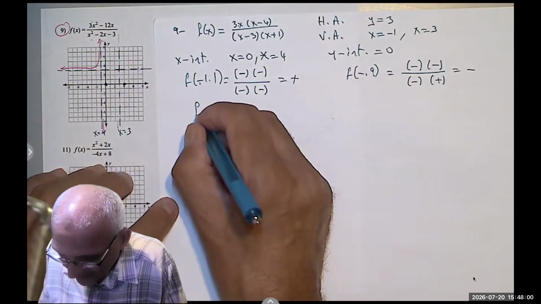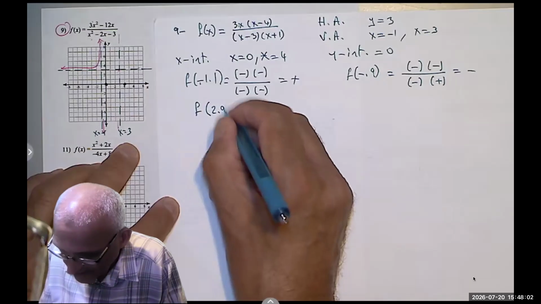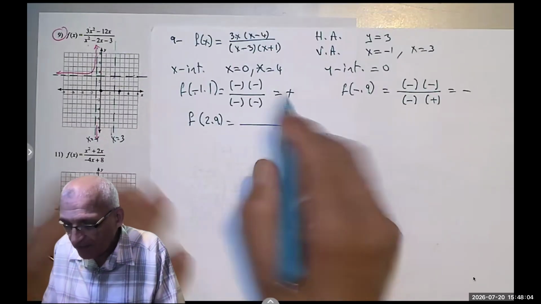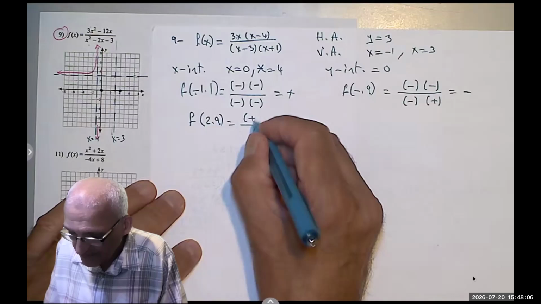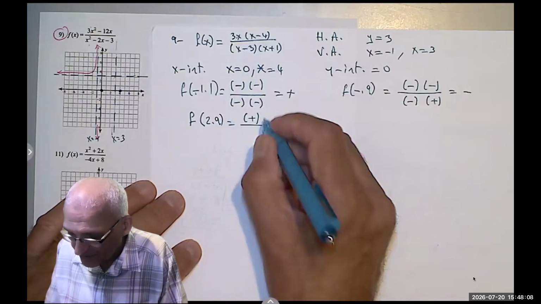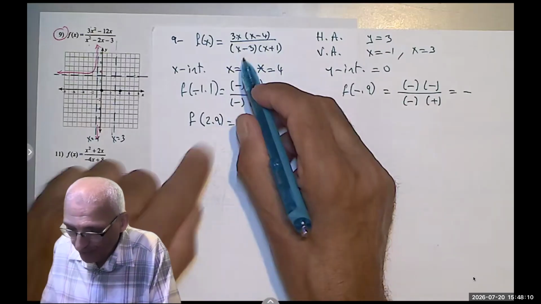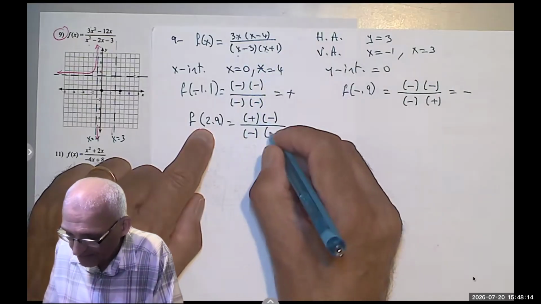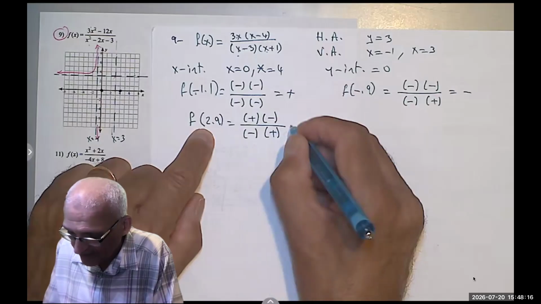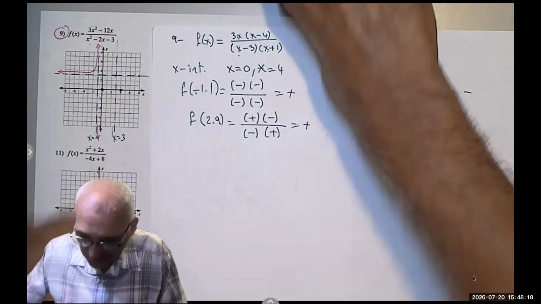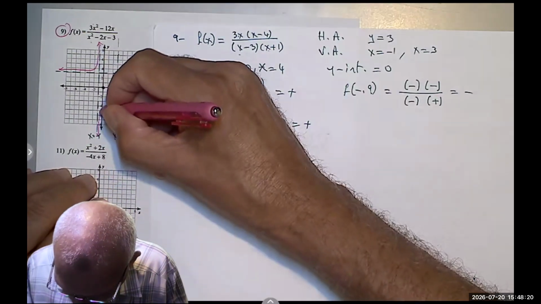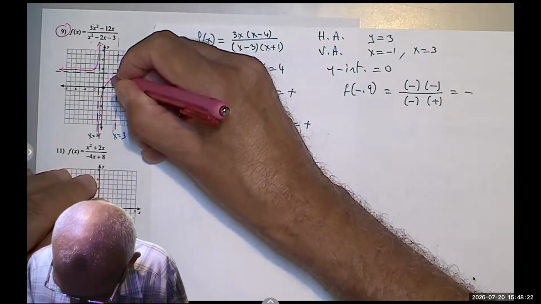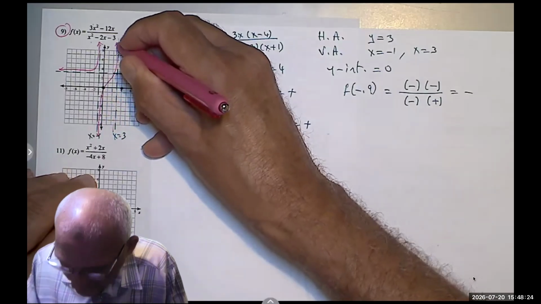I have to say f of 2.9. 2.9 is positive, but 2.9 minus 4 is negative. 2.9 minus 3 is negative, but 2.9 plus 1 is positive, so I get negative over negative is positive. So yes, my graph is going up like that and then up like that.